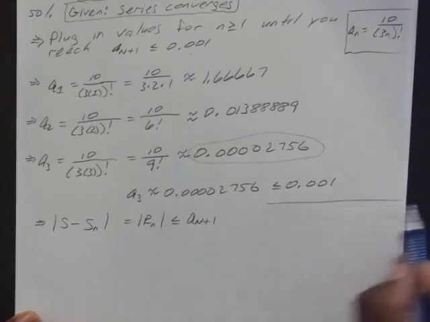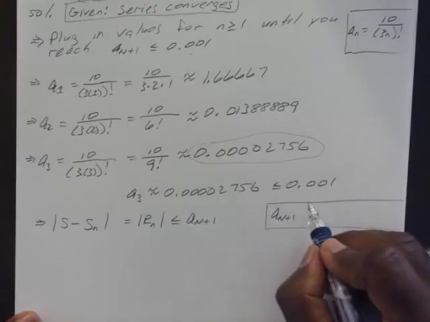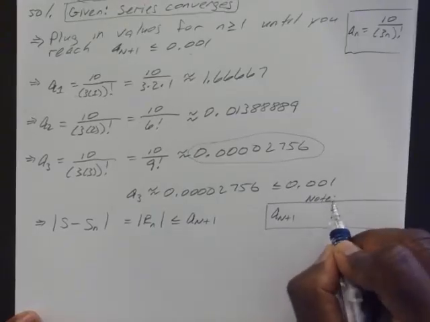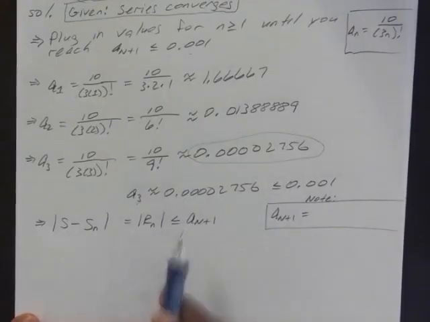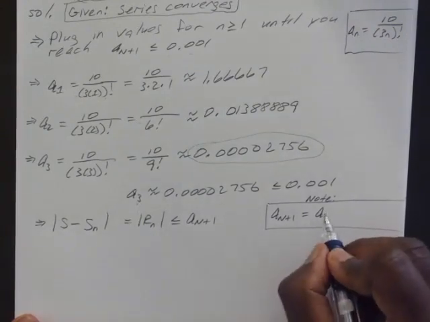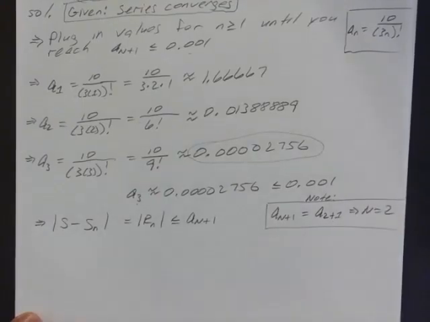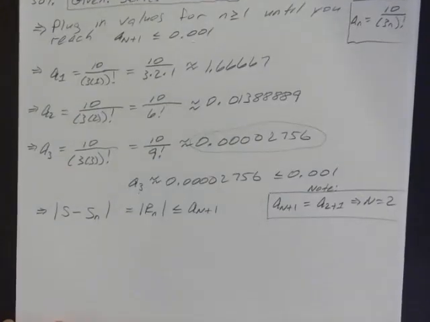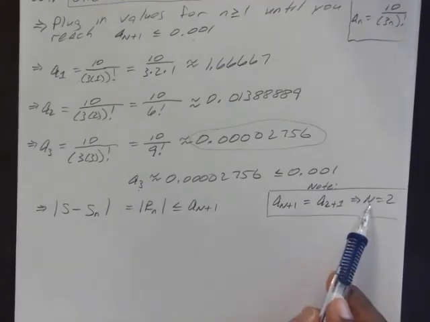Just a note here: since our sub value is 3, that's just a sub 2 plus 1, which means that our n is equal to 2.